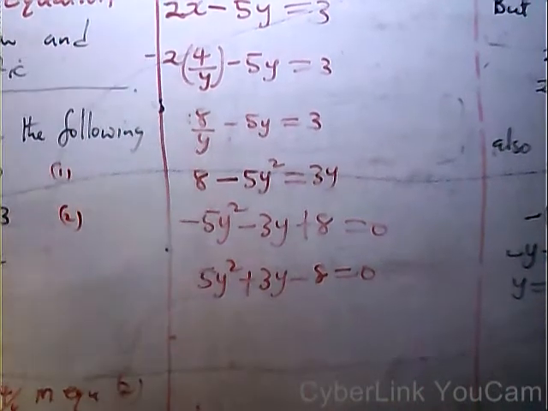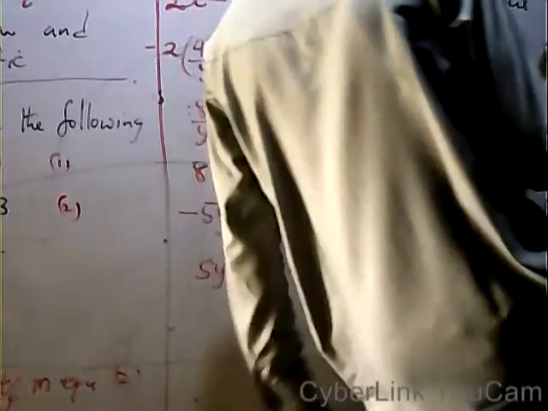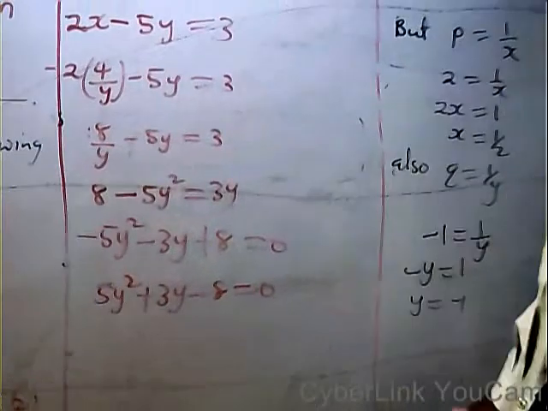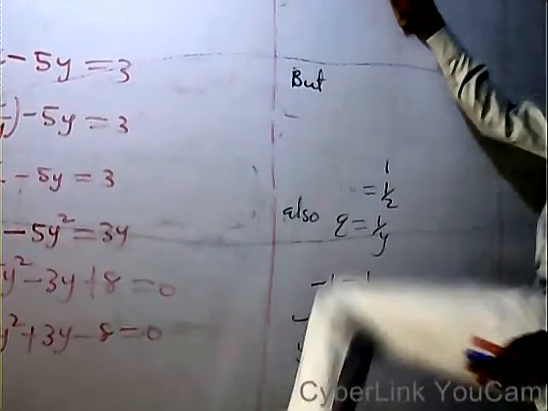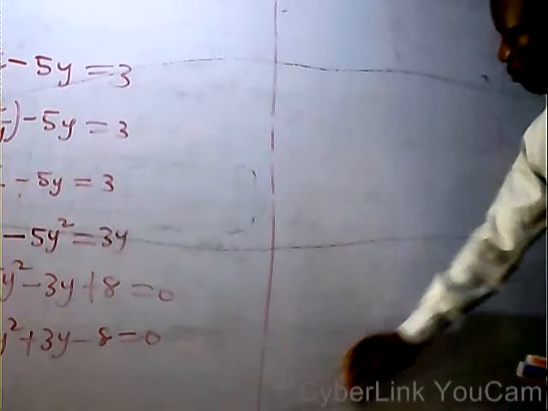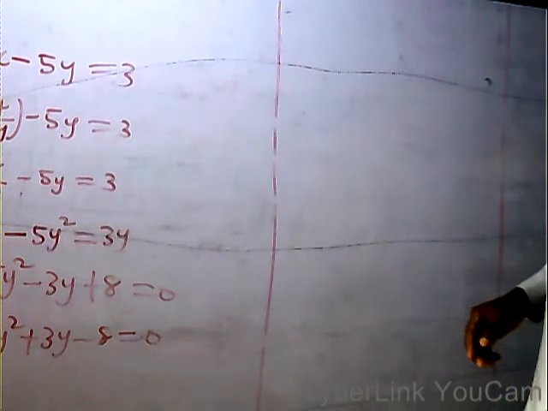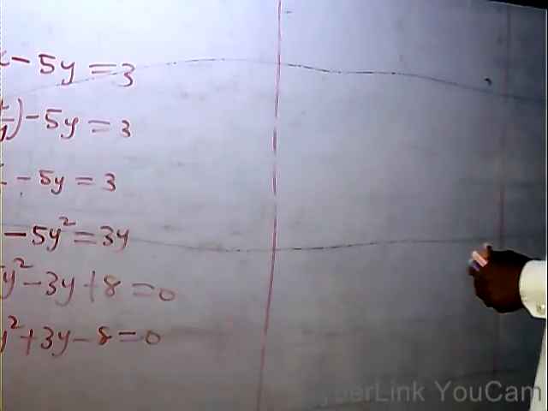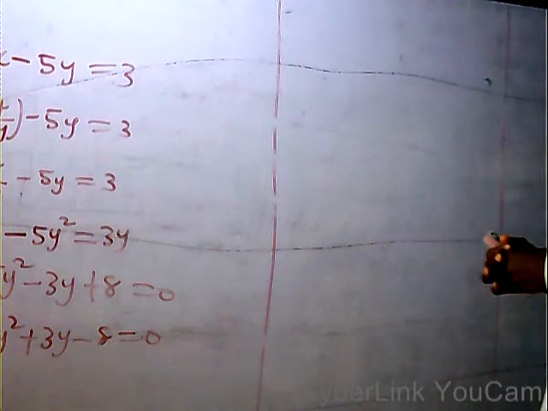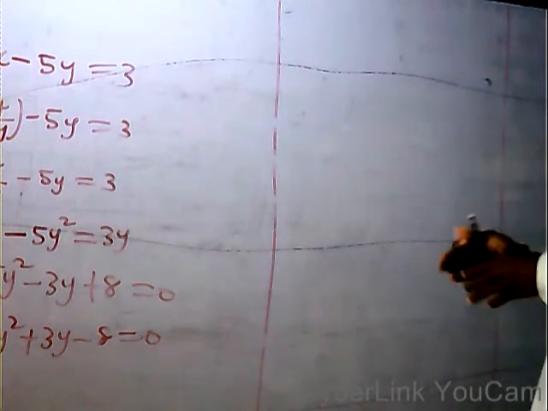What are the numbers? 8 and 5 will be very good factors. 5 times 8, of course, will give you 40. 5 and 8 can give you 3.